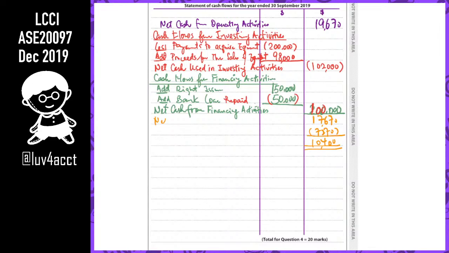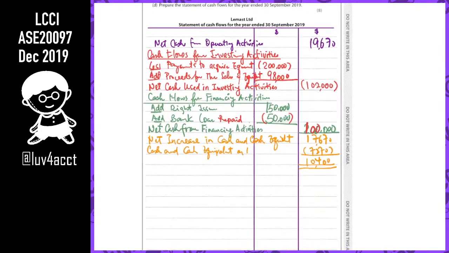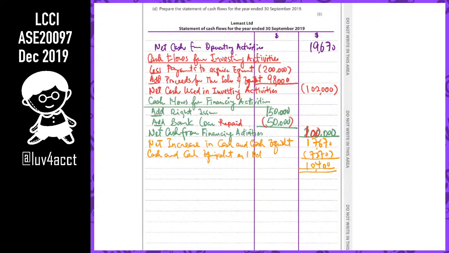This is a net increase in cash and cash equivalent. And then this is cash and cash equivalent on 1st of October year 2018.